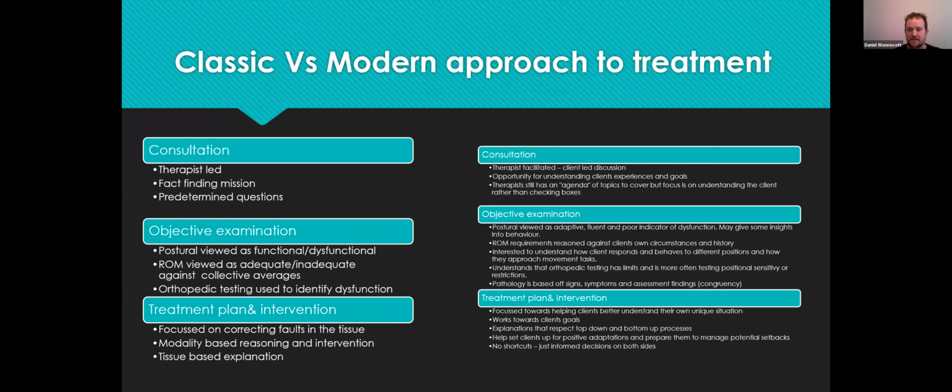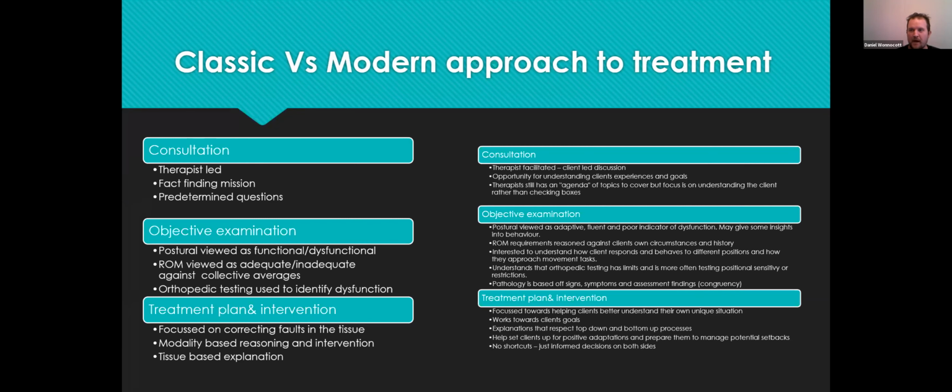From an examination point of view, things like posture, the more I dug into the literature and tried to understand what is good and what is bad, all that we tend to see is that it's just adaptive, fluent, and it doesn't really indicate dysfunction. It's more a reflection of behavior.